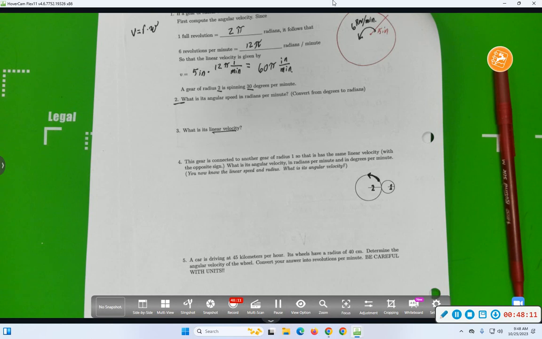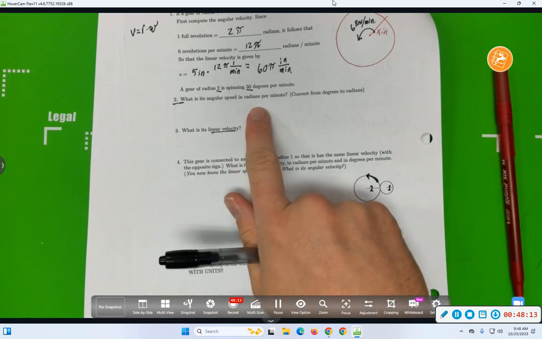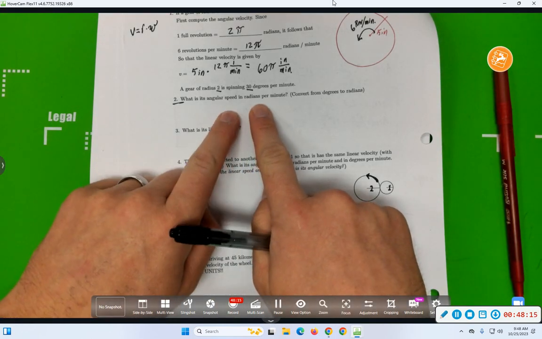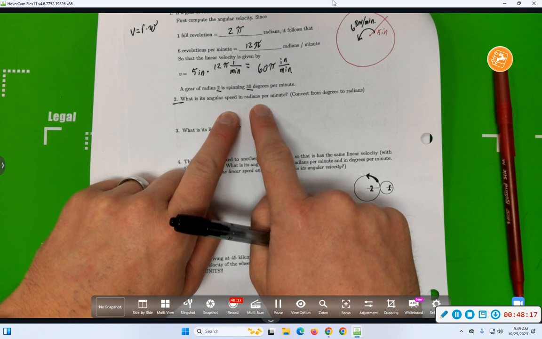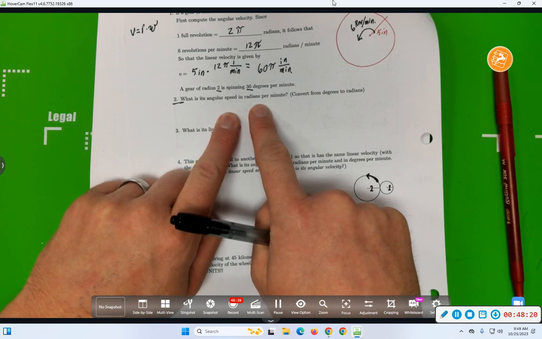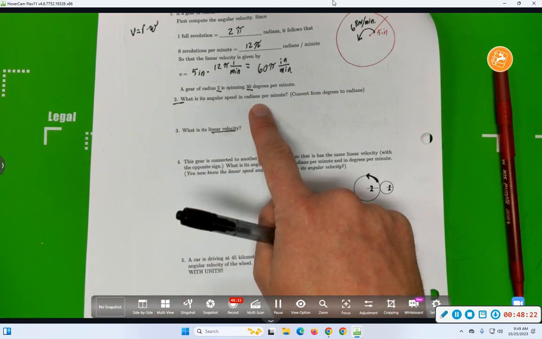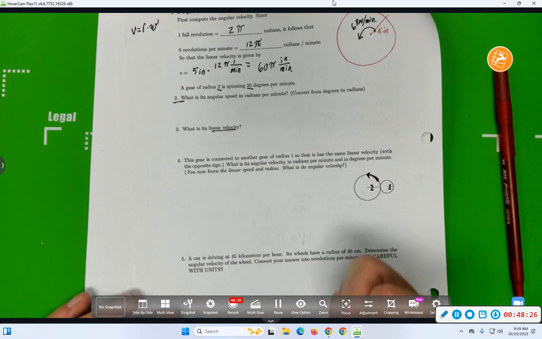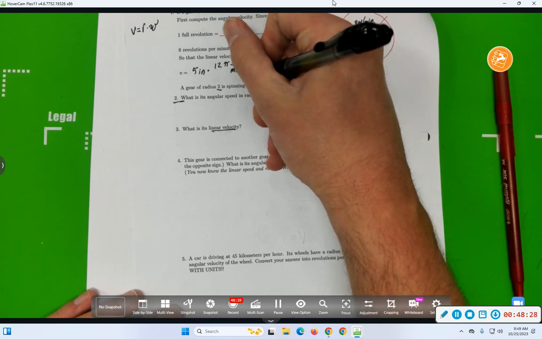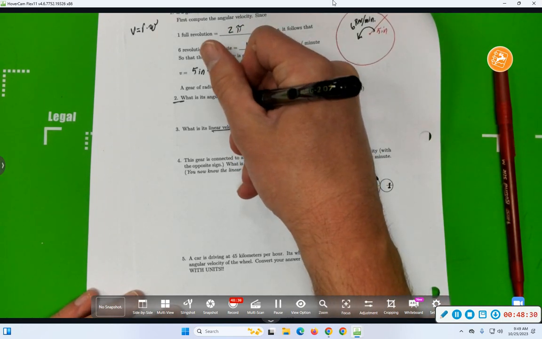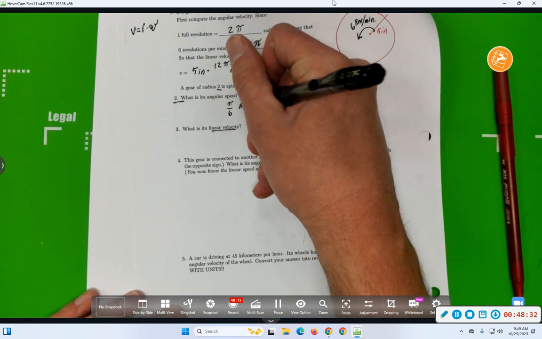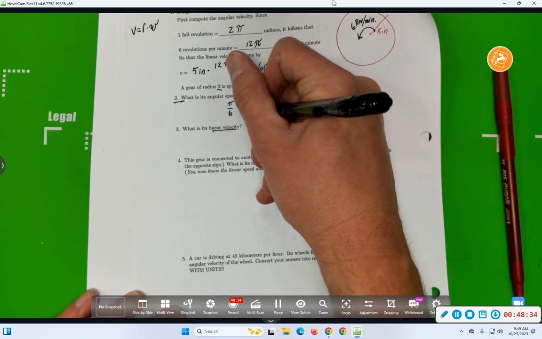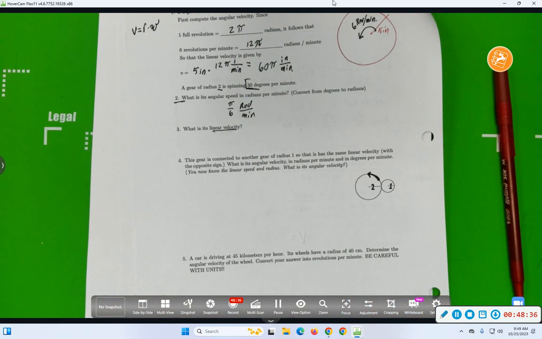So, in the interest of time, what is the angular speed of this gear in radians per minute? 2 pi radians. There we go. And it's per minute, I think.